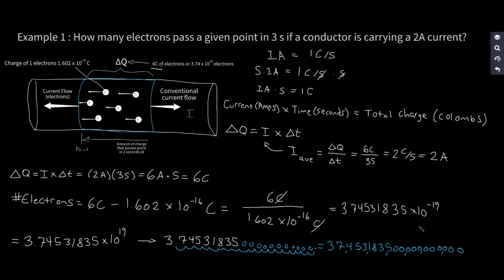Dude, that's a lot of electrons. That's crazy, that's so many electrons. So that's how many electrons would be in this region of the wire. It's a lot. Anyway, this could also just be approximated.